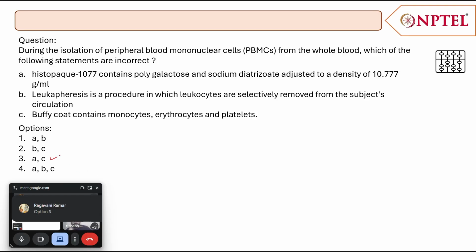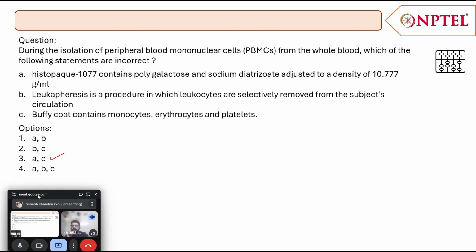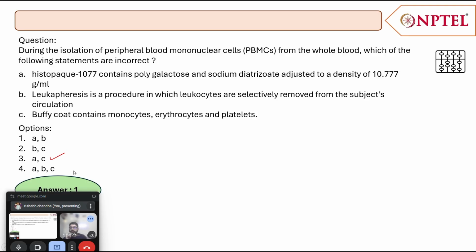Okay, any more answers? Okay, so here the correct answer would be option 3 only. Option 3 would be the correct answer.